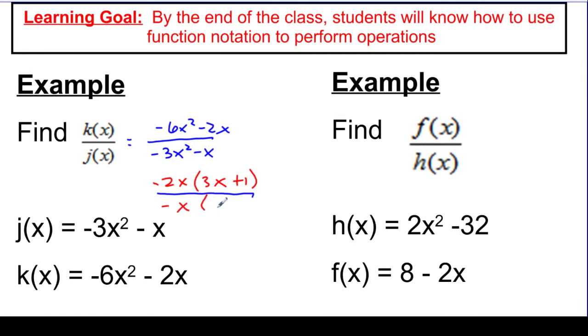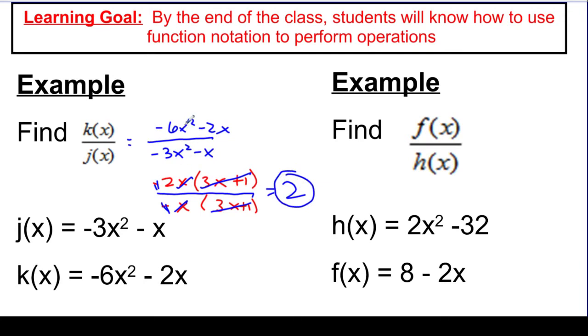And that looks like it's also going to leave behind a 3x plus 1. So here's my cancel. Lots of things are going to cancel. 3x plus 1 and 3x plus 1. An x is going to cancel with an x. A negative sign is going to cancel out a negative sign. The only thing that's left here is 2. The entire expression just turns into a 2.